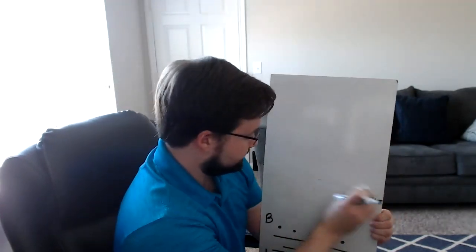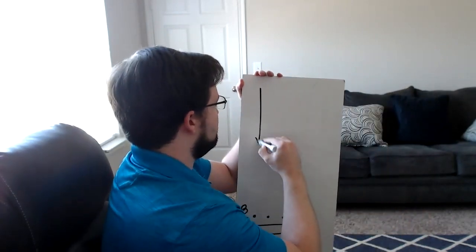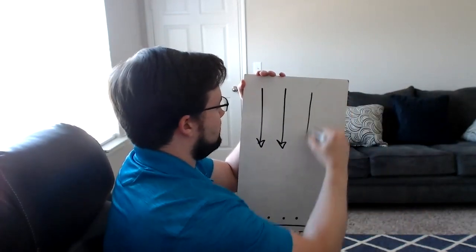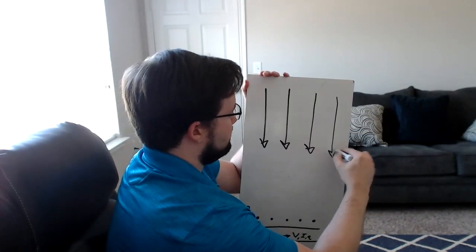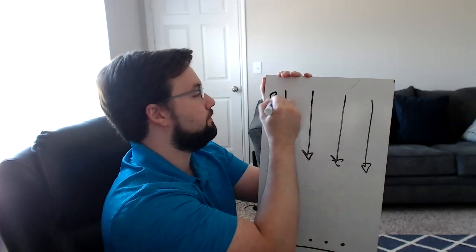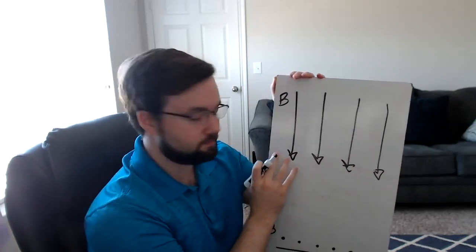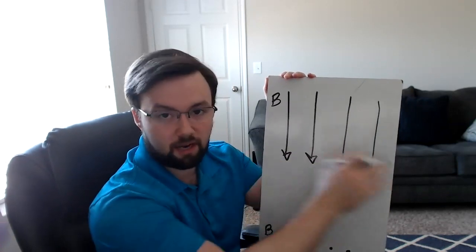Another example. I believe you guys also have a problem like this pop up. So you have a bunch of arrows like this, and they are labeled B. B is telling you it's the magnetic field. So the magnetic field is pointing down.